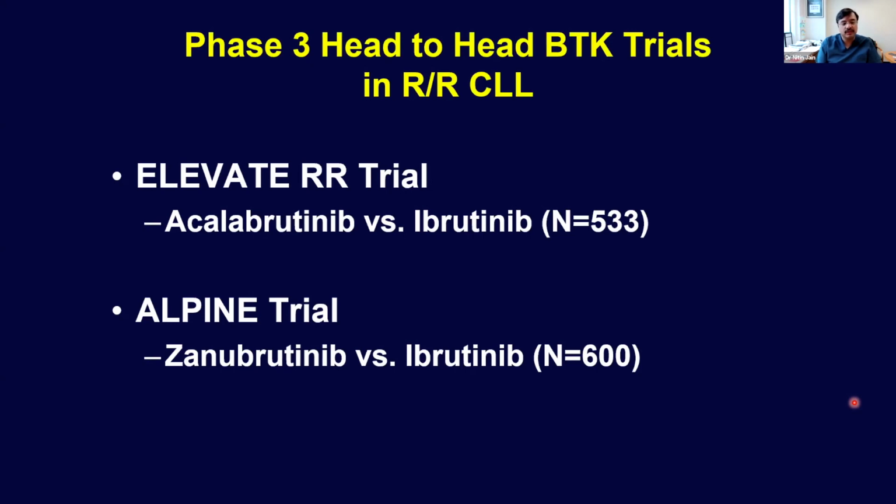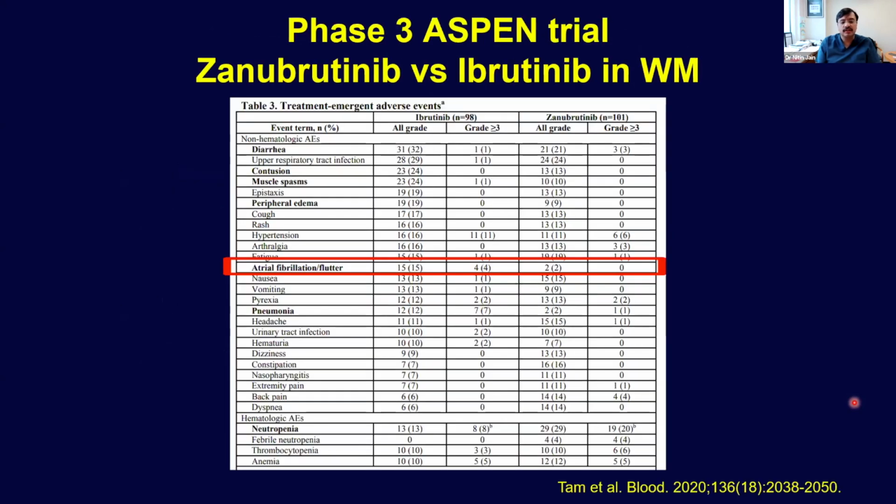And then we have the zanubrutinib trial, which is not yet reported. So I think there's a general thinking, based on the clinical trial data, that the 2nd generation BTK inhibitors will be safer than ibrutinib. This was a phase 3 trial in Waldenstrom, so not in CLL, but zanubrutinib versus ibrutinib came out in Blood last year. And I just wanted to highlight, if you look at the rates of atrial fibrillation, 15% with ibrutinib versus 2% with zanubrutinib.